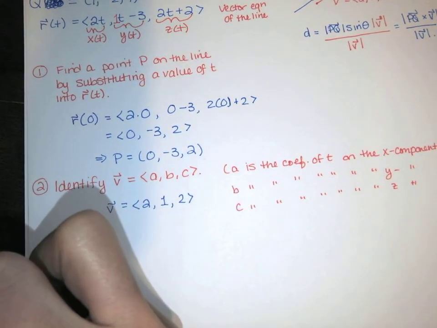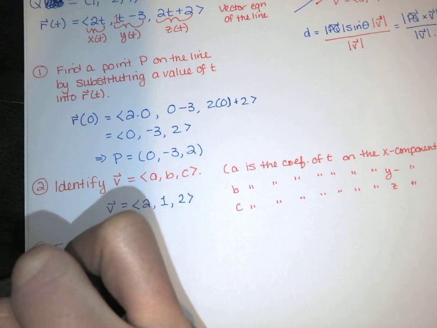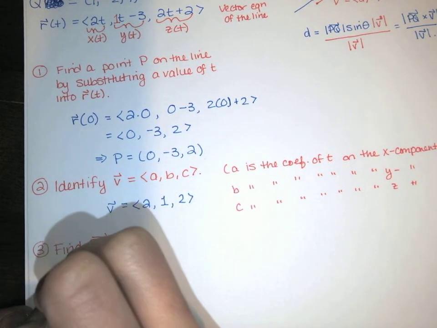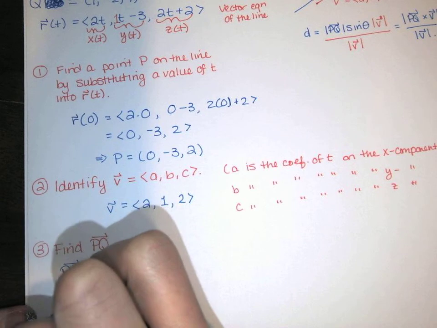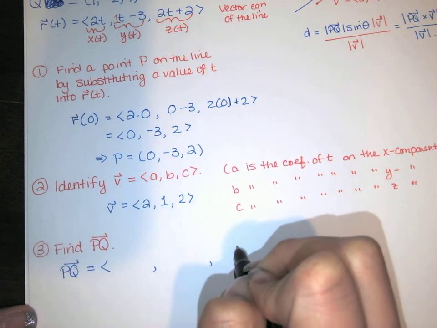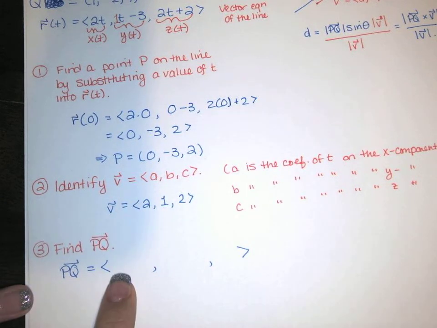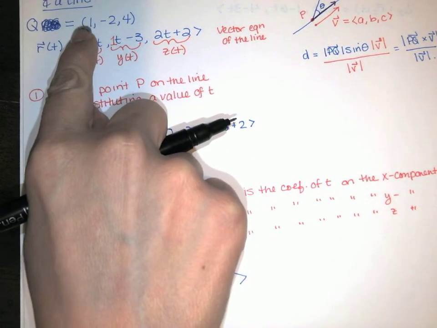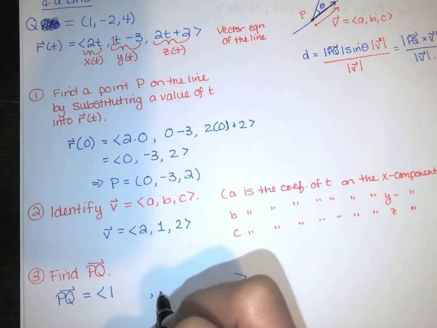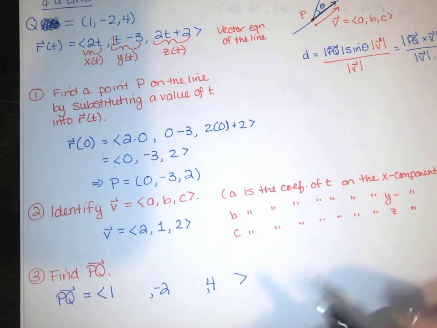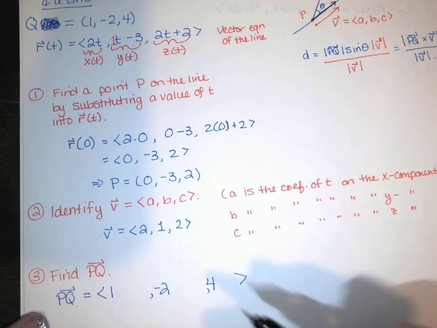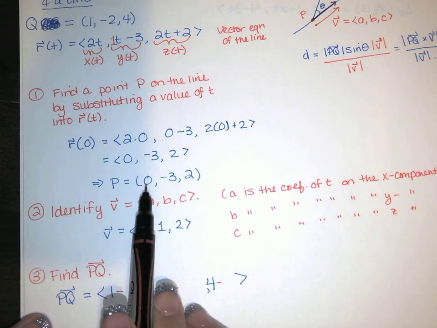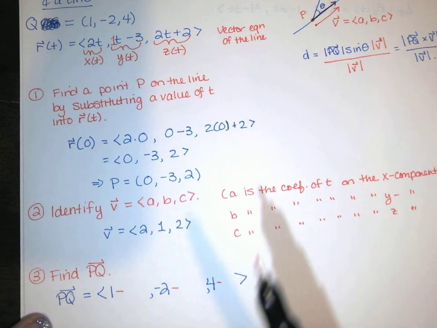Okay, so first we'll find PQ. The vector from P to Q looks like this. Start with the coordinates of Q. Q is at this location, 1, negative 2, 4. So x, y, and z, remember, those are locations. Now we're subtracting the coordinates of P. So we're subtracting a 0, a negative 3, and a 2.